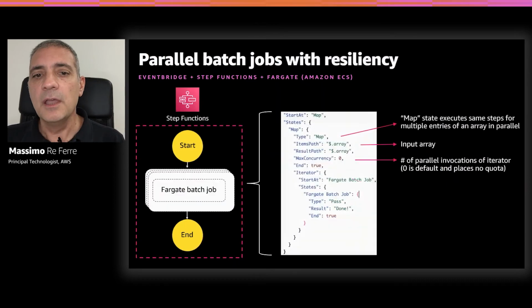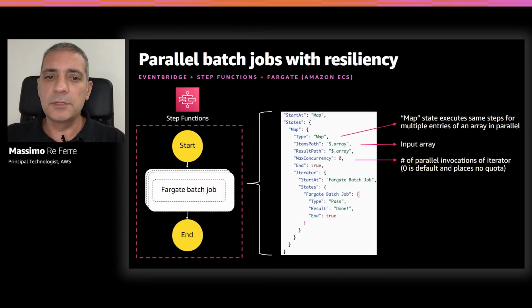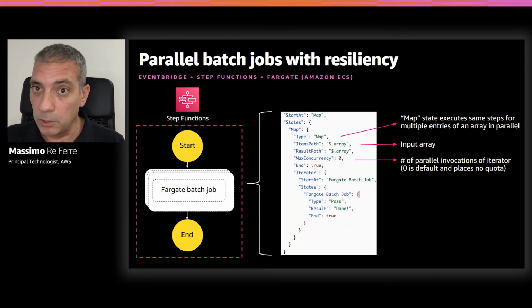The other thing that Step Functions allows you to do is to create a little bit more logic to say, I want to run parallel jobs, right? So imagine that you have an array of things that you need to do. Step Functions is able to say, I want to run this task 10 times, for example, in parallel, and it will spin up 10 Fargate tasks to run that.